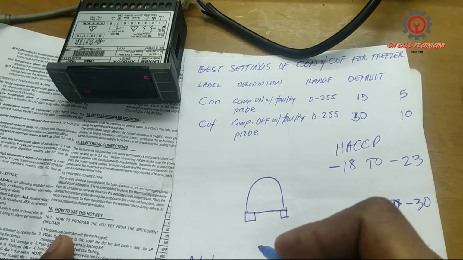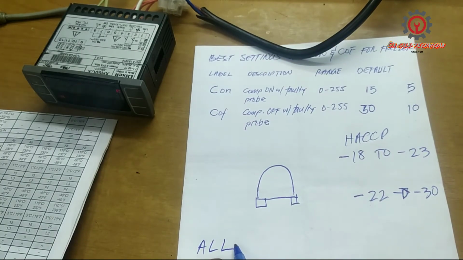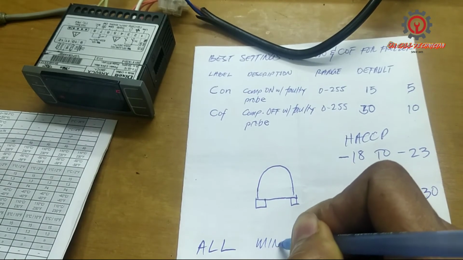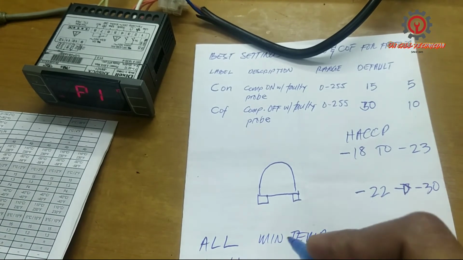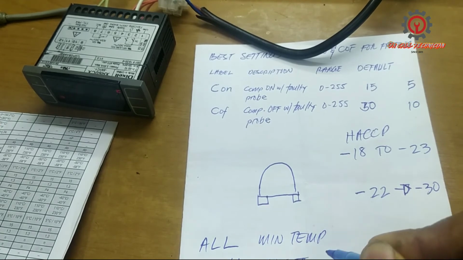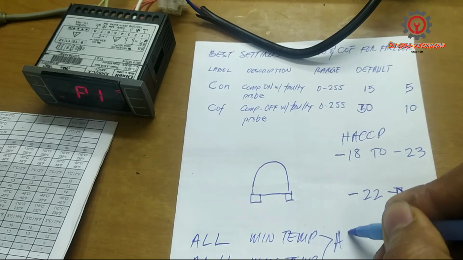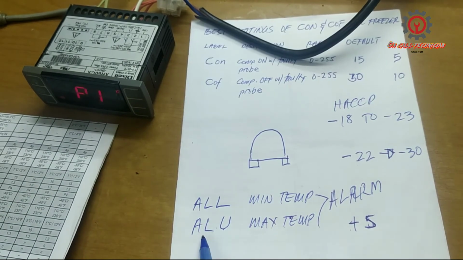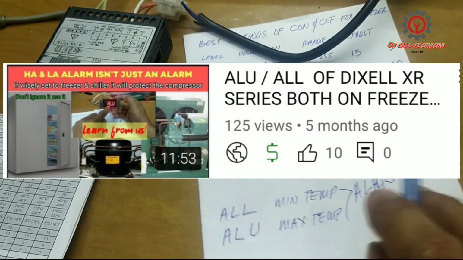The ALL is the minimum temperature alarm, and this ALU is the maximum temperature alarm. Yes, I already discussed this in my previous blog. Just look for it.